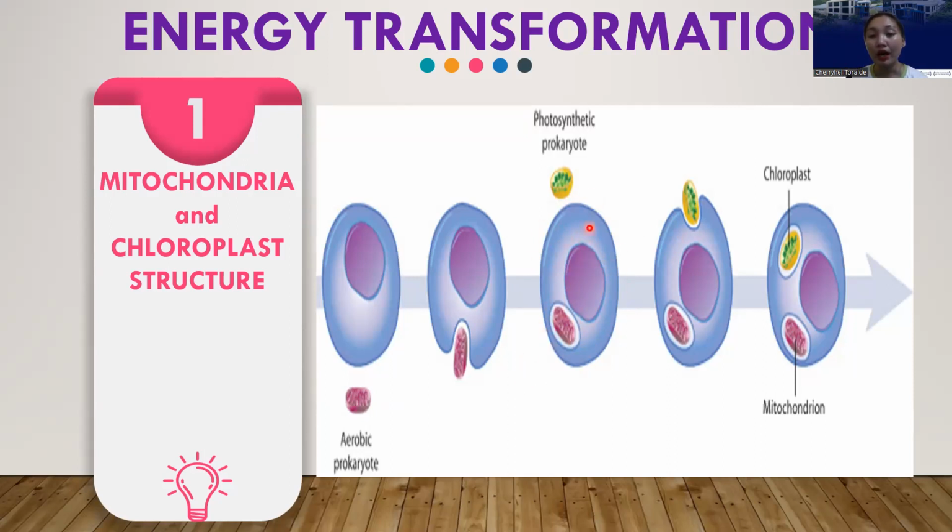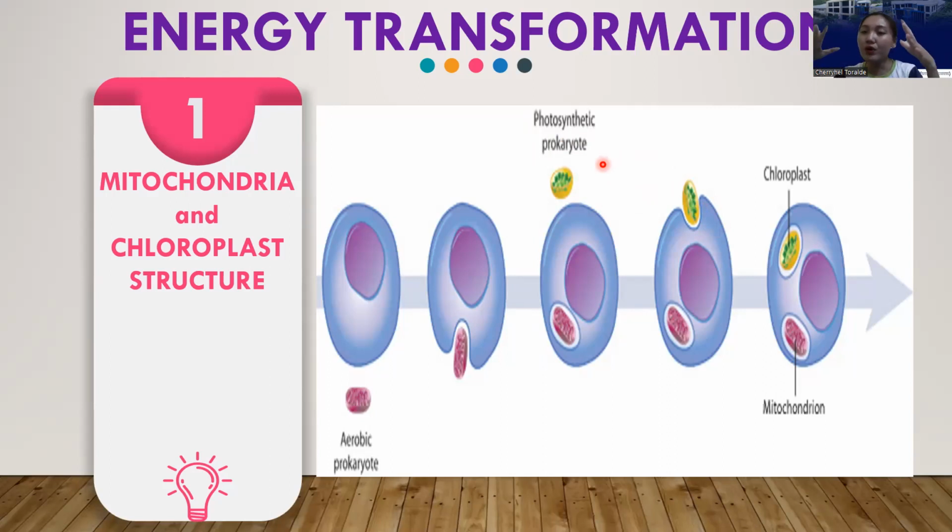And then, after some time, ning engulf na pod ang imong ancestral eukaryotic cell with another na pod nga prokaryote, which is a photosynthetic one. So when you say photosynthetic one, it can harness the energy of sunlight and use water and carbon dioxide in order to form carbohydrates, di ba? And also release oxygen. Photosynthetic na siya. Through endosymbiosis pa rin.